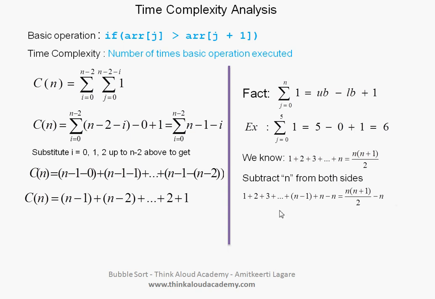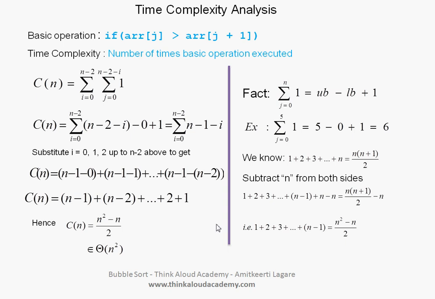Then on the left hand side we will get 1 plus 2 plus 3 up to n minus 1, and on the right hand side it will be n into n plus 1 by 2 minus n. On solving this, we would get n square minus n by 2. So 1 plus 2 plus 3 up to n minus 1 can be written as n square minus n by 2. So if I substitute in my equation, I can write C(n) is equal to n square minus n by 2.